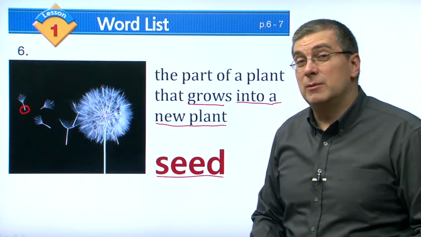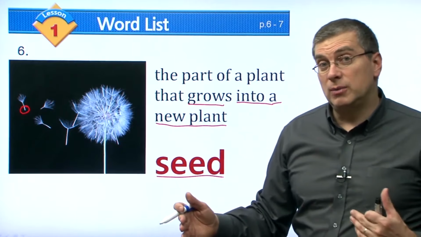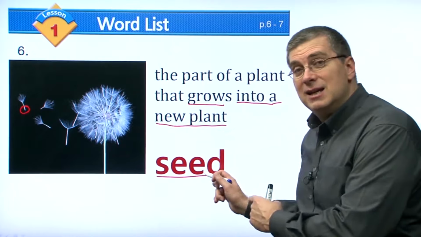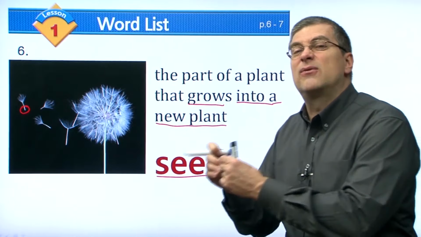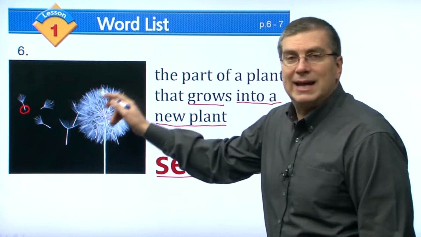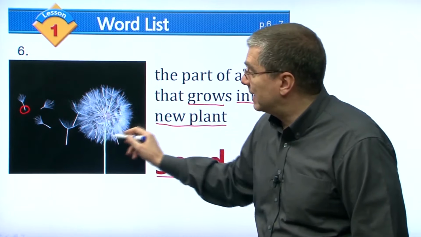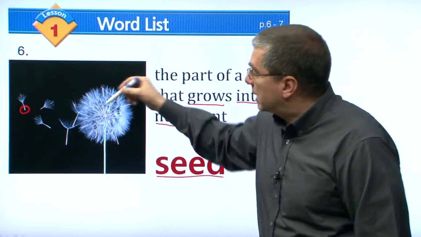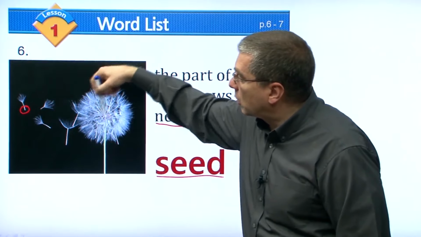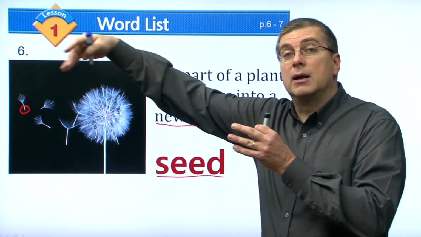Remember when we talked about fruits and vegetables? Where is the seed? The seed is in the fruit. But not all plants have fruit. Like this plant here, there's no fruit because the seeds break off and fly away on the wind.